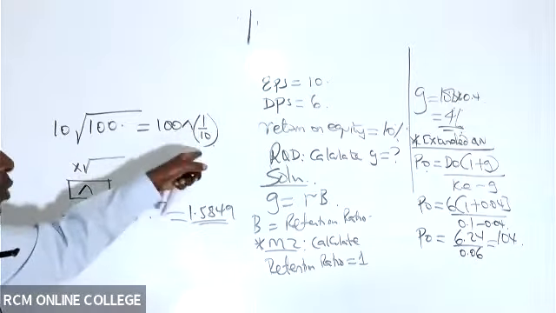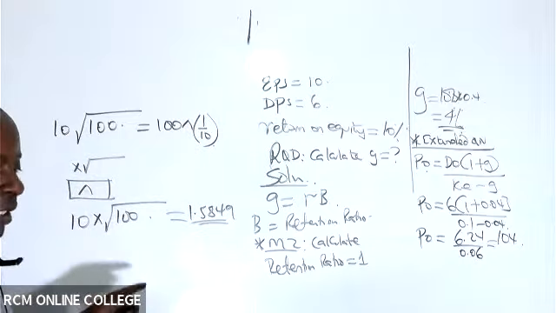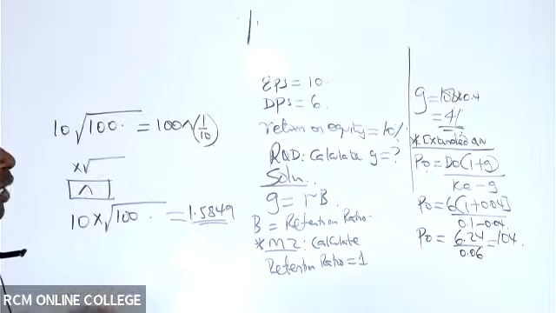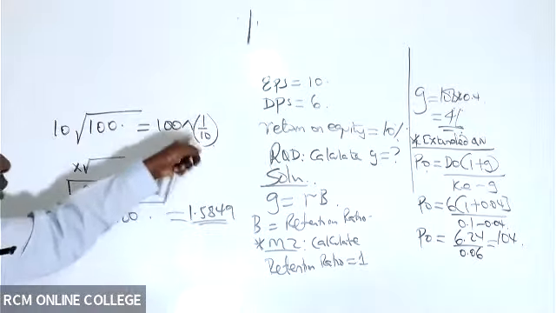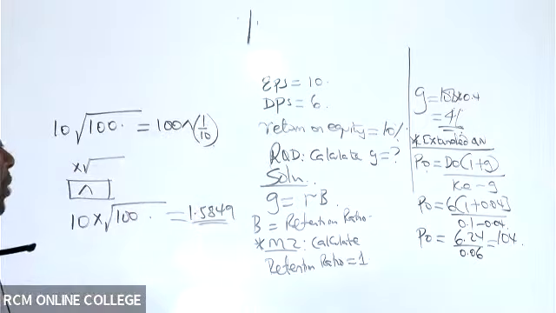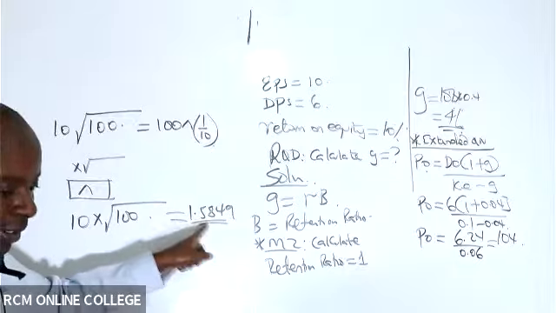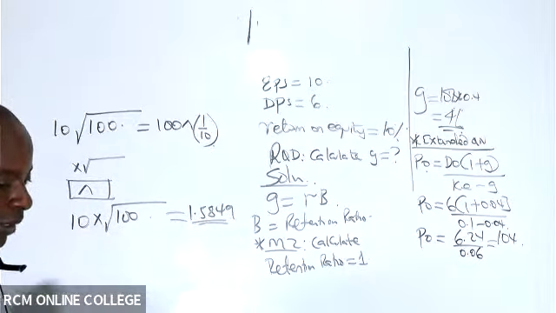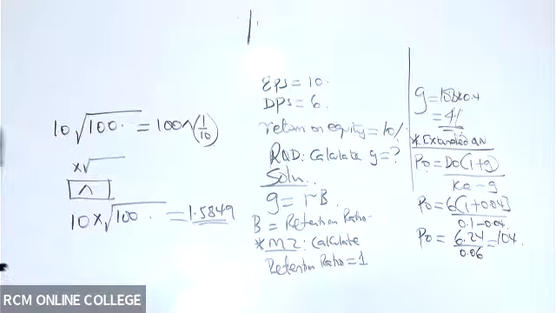But remember, this 1 over 10, you must put in brackets. If you don't put in brackets, then you're done. So if I take 100 raised to 1 over 10, in brackets, will I still end up getting the same answer?